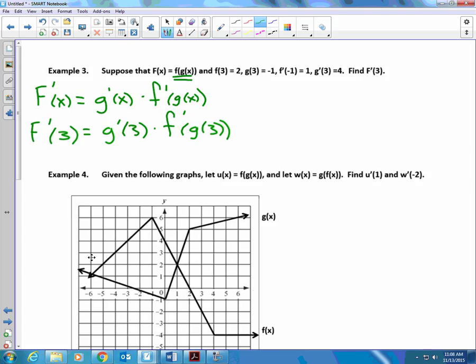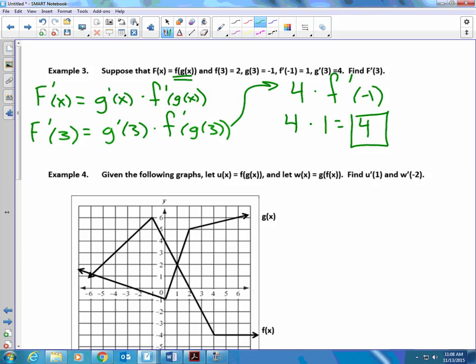So what is g prime of 3? 4 times f prime of, what is g of 3? So now I have 4 times f prime of -1. What's f prime of -1? Not too bad, huh? Well, what you have to do is you got to be able to set that up. And now you've seen it.